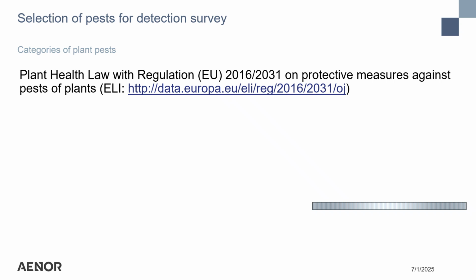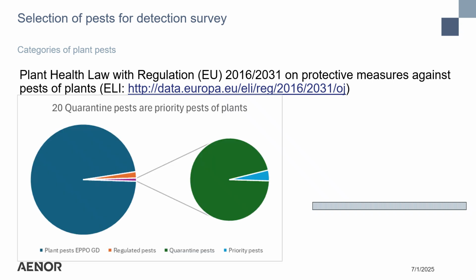In selection of pests for official surveys, we rely on the EU Plant Health Law, which is Regulation 2031 on protective measures against pests of plants, and its implementing regulations. Official services need to focus on the most harmful pests, which are defined as Union quarantine pests. And how many are those?